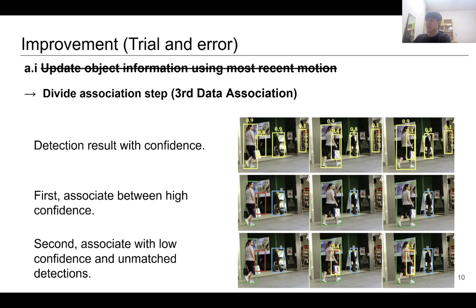And by matching low confidence objects with unmatched detections, we can match unclear objects and occluded objects. This split association step allows us to match objects with more information about them, making it easier to track occluded or small objects.